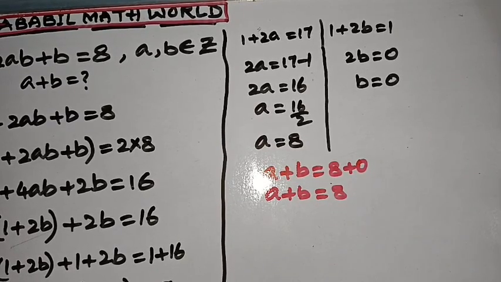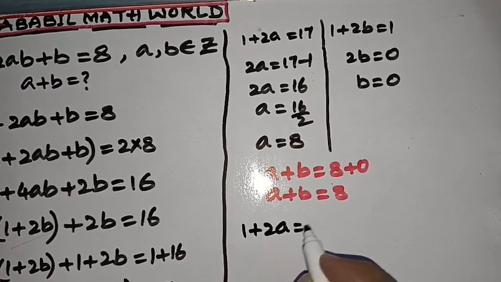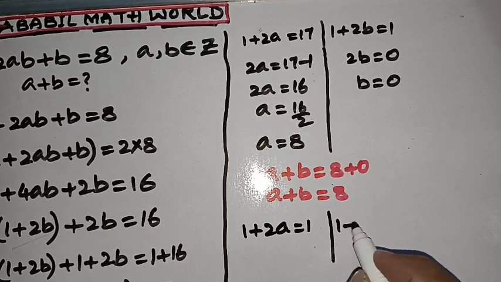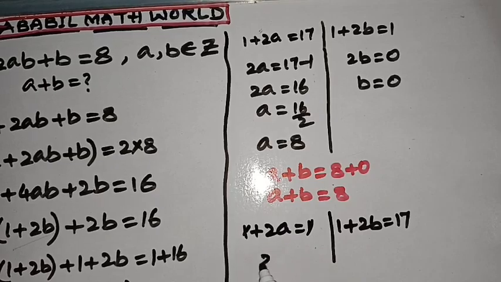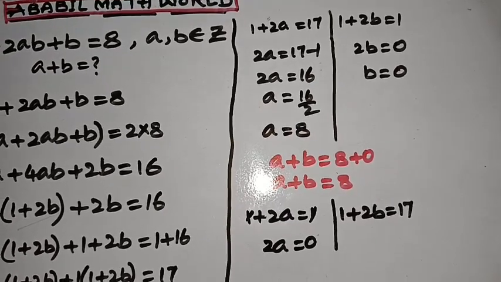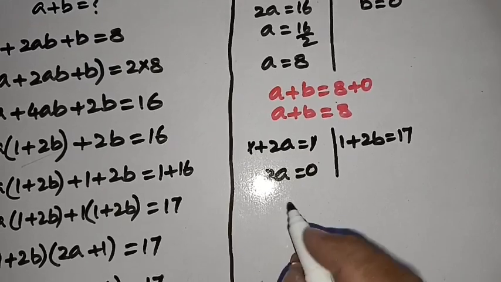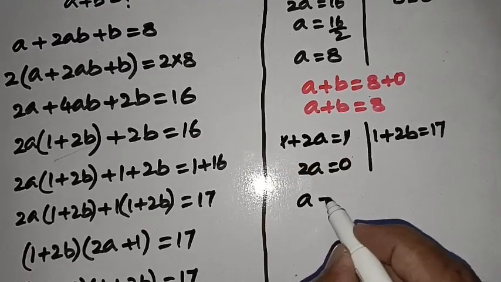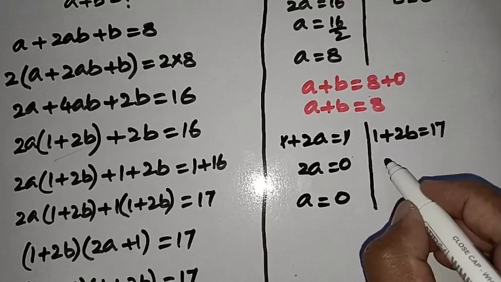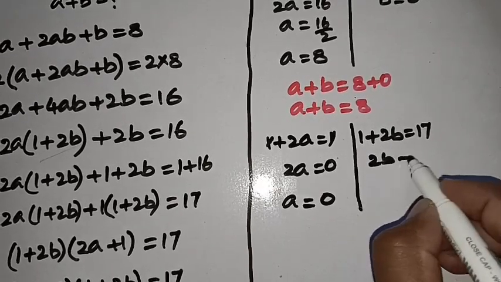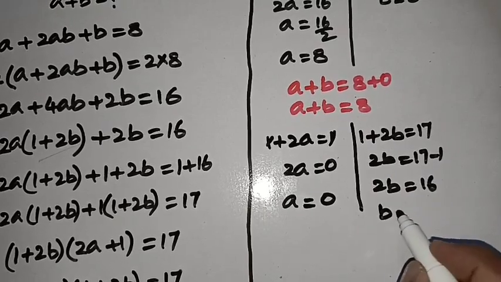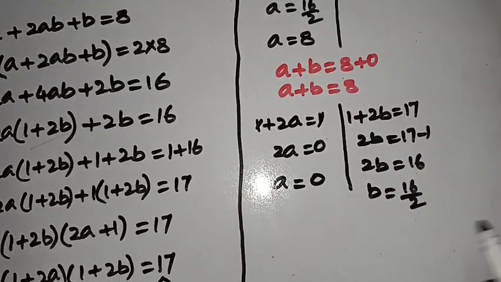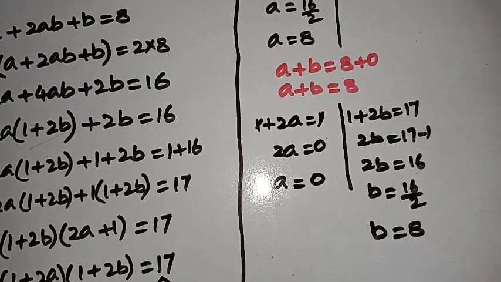This is one value. And next, if we take 1 + 2a = 1 and 1 + 2b = 17, then cancelling 1 and 1 on either side, 2a = 0 and here a = 0, and this gives 2b = 17 - 1, 2b = 16, b = 16 by 2, so b = 8.